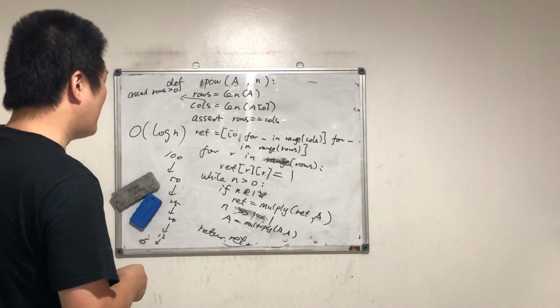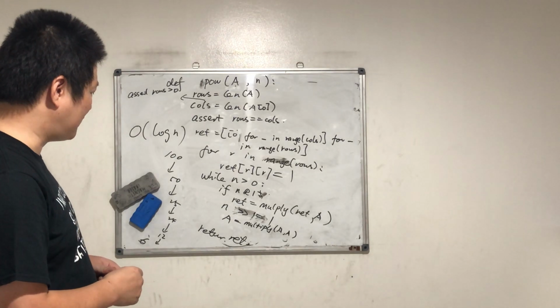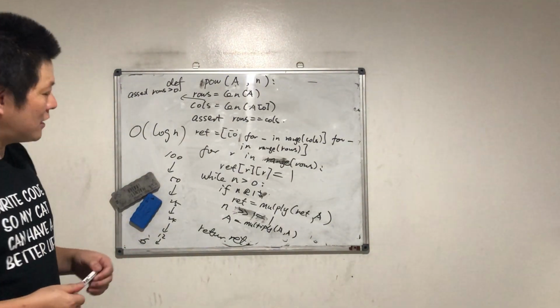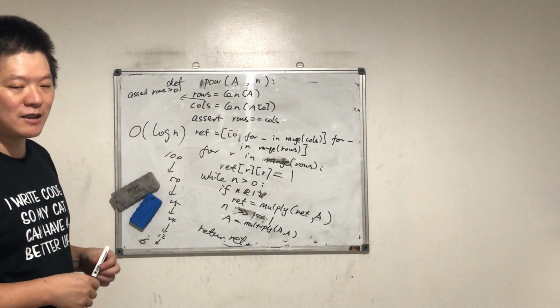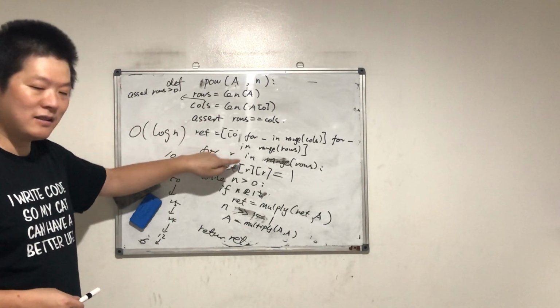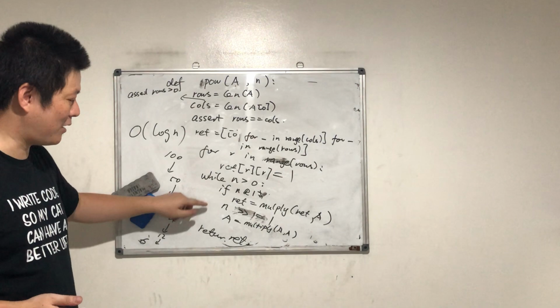Okay, any questions so far? No. Okay. Can you tell me what's the identity matrix? Which part is setting this identity matrix? This part? Yeah. And what's this part doing?